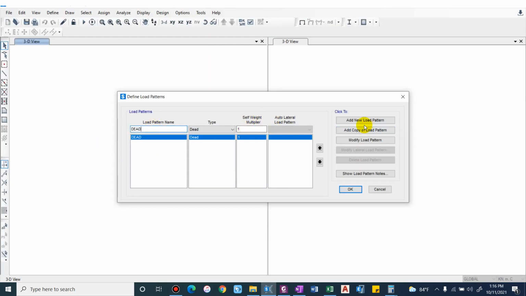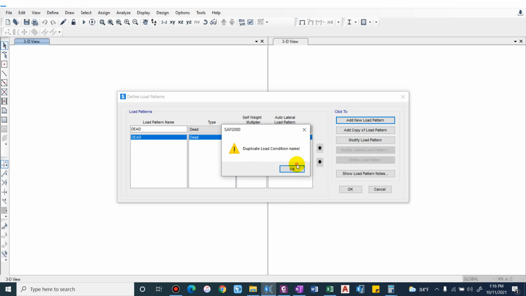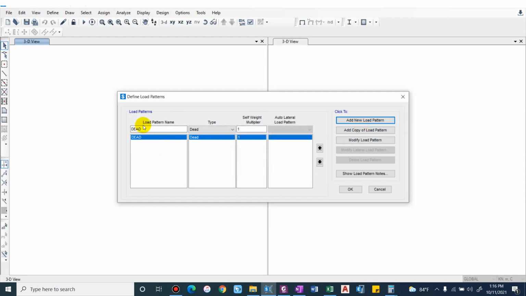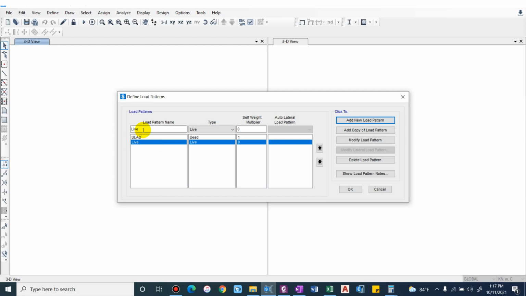So self weight multiplier will be 1, and another load is live if there is any. Add water load, this will be dead, but self weight multiplier will be 0.